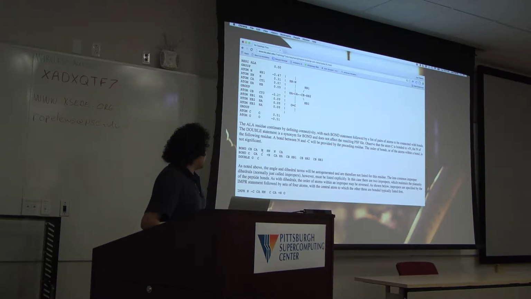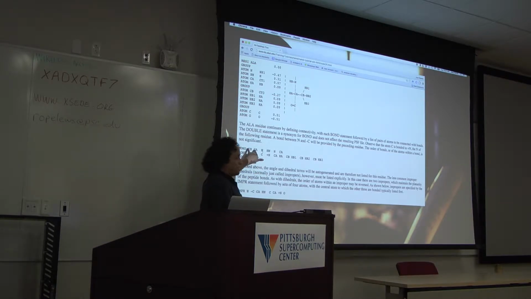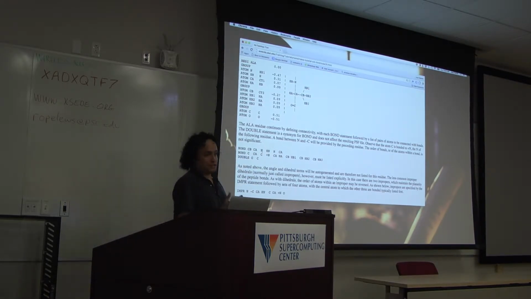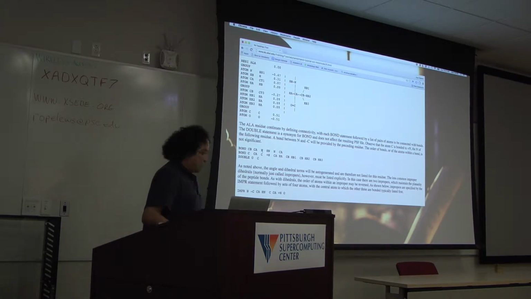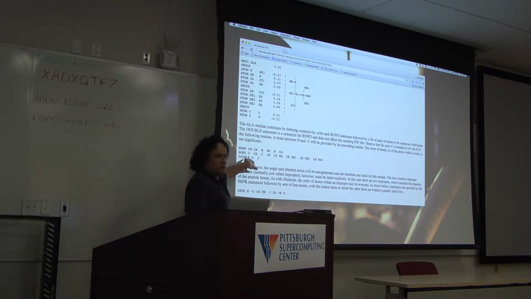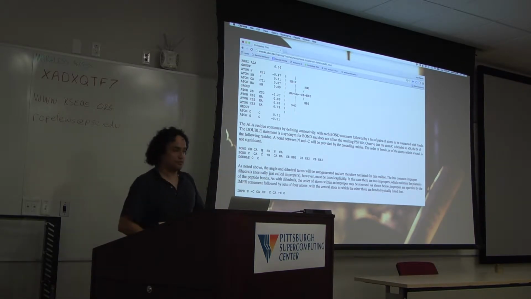You read the bonds pairwise, so this is defining CB, CA, N and HN, N and CA. And this is what determines the actual topology of a residue. You have the field double, but it's more of an alias. It doesn't really mean anything. It's the same as a bond, meaning they're bonded. There is no difference between double bonds and single bonds in CHARMM.